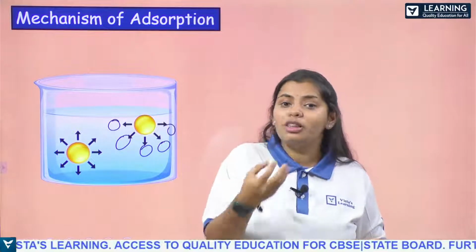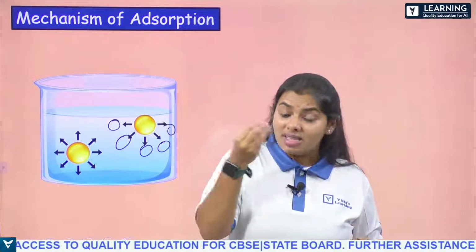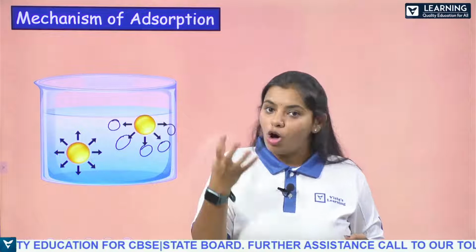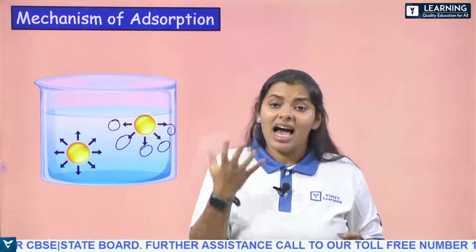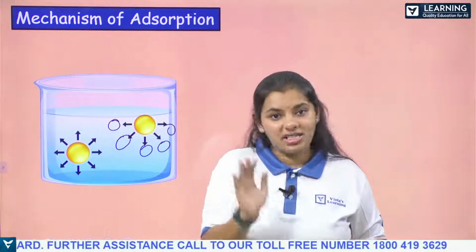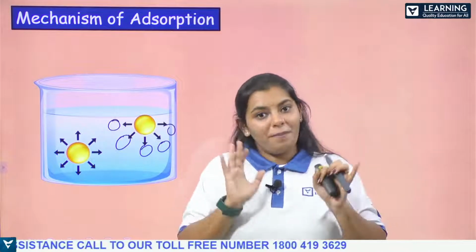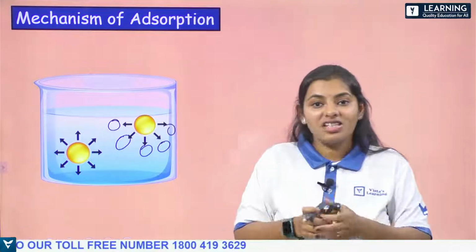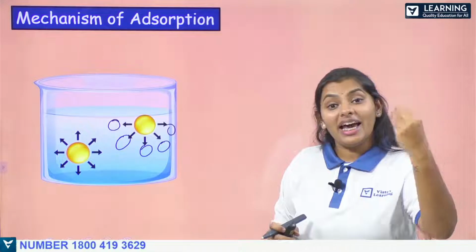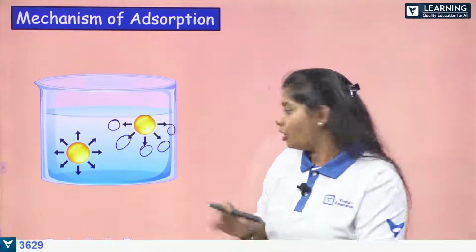Because of the inward pull, a tension is created. Since there is a tension, the molecule is very unstable in state, and this tension is known as surface tension. So in order to make sure that this surface tension does not take place when any other molecule comes in contact with this.